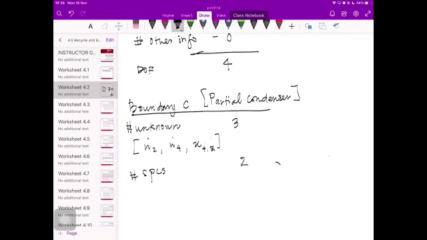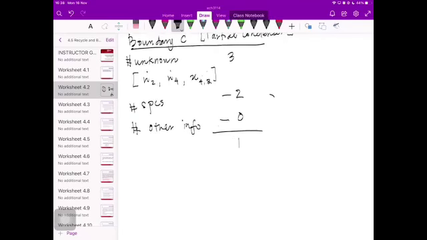There are 2. Any other information? No, it's 0. So we have 3 minus 2 minus 0, that is 1. Okay, the last one is our boundary D, which is our partial reboiler.